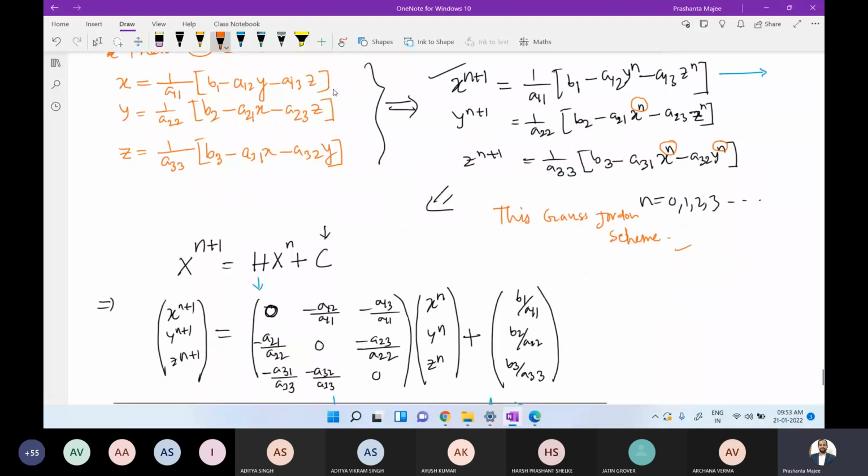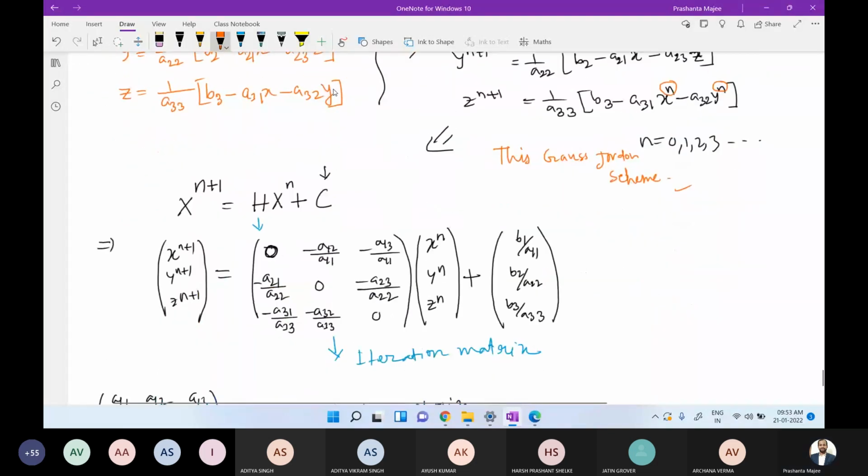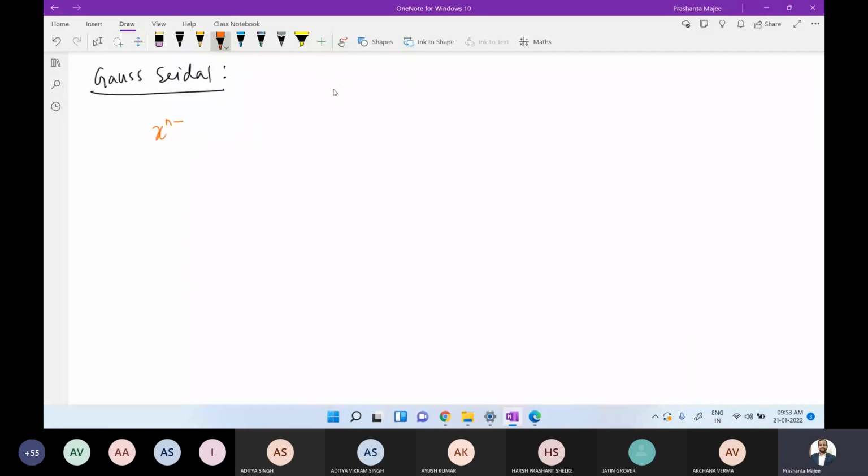So the Gauss-Seidel scheme will be: x n plus 1 equals 1 by a11 times b1 minus a12 y n minus a13 z n, which you get from the equation.